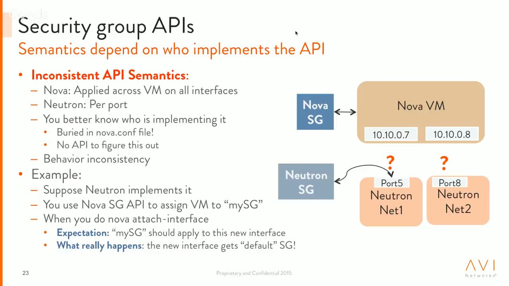But unfortunately, what really happens is that it gets the default security group. That's the behavior the APIs have. Some of it you can say is the reference implementation, but as I was saying, it's about the semantics. If the semantics are not put in stone, saying that this should result in this, then these kinds of inconsistencies can happen.